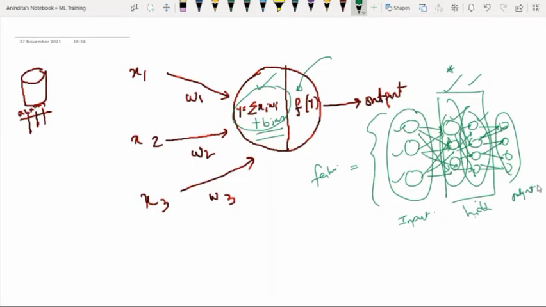Now see, there is one concept. Sometimes you find me using only one neuron in the output layer. Sometimes you find me writing multiple neurons in the output layer. So try to understand what is the concept. See, whenever we are going to perform prediction or forecasting activity, whenever we are going to predict something, at that point of time, the prediction value will be single, the output will be single. So we will expect one neuron in the output layer.